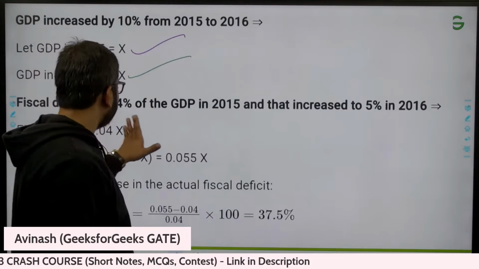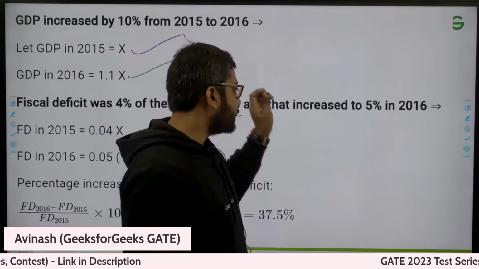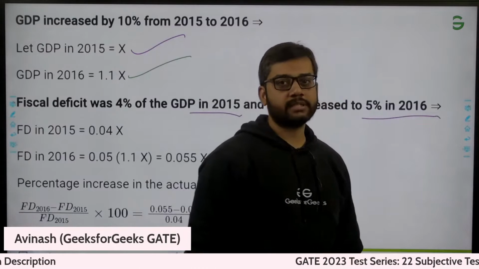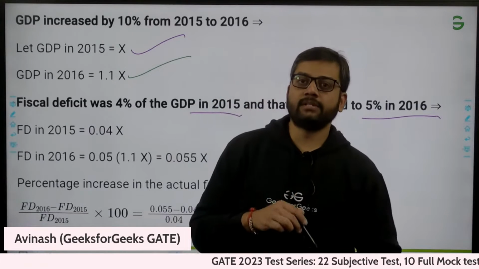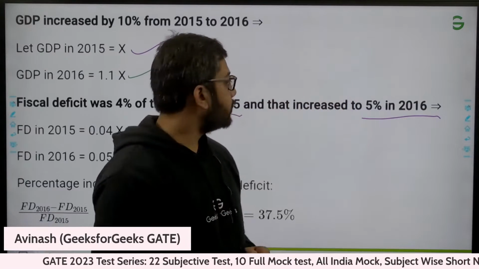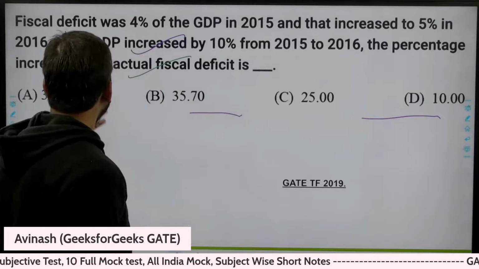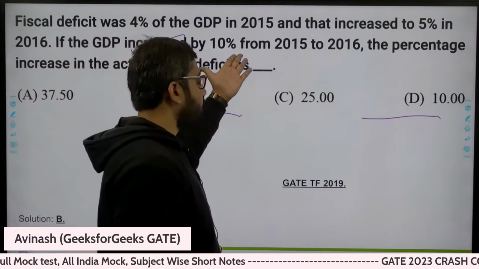Now, FD was 4% of the GDP in 2015 and increases to 5% in 2016. Our base was GDP. Any question you attempt, just try to attach it to the question. FD was 4% of the GDP in 2015.